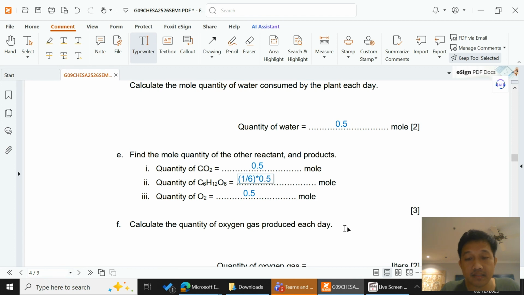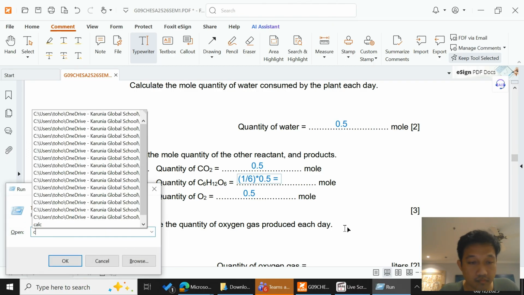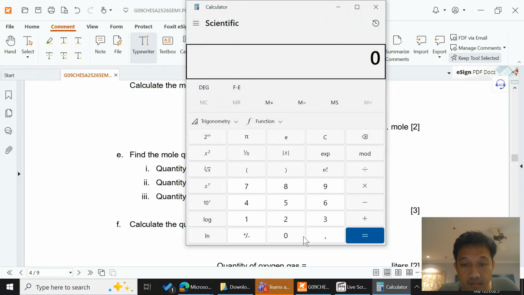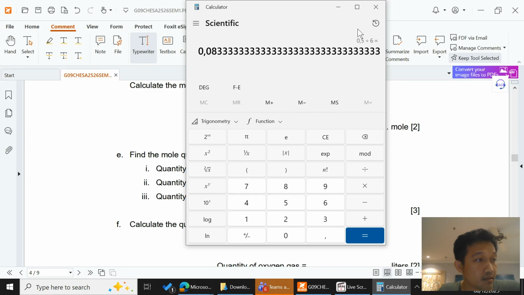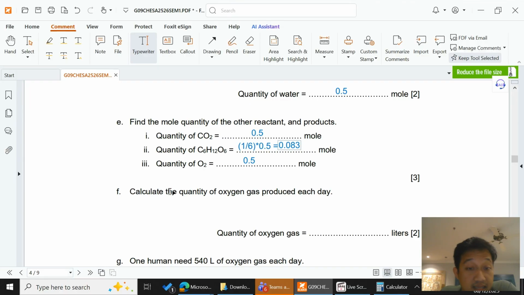So the result, let's use the calculator. 0.5 divided by 6 is equal to 0.083. Okay, 0.083, that's it.